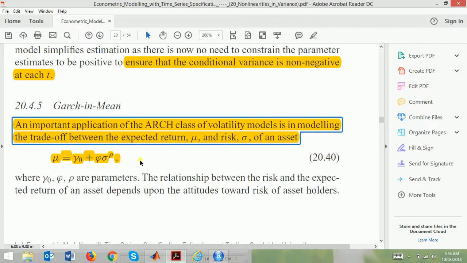The equation with these two parameters is mu equals, first comes the intercept, which is gamma naught, plus sigma up until its order, which is the risk, and the coefficient that governs sigma is phi, right?